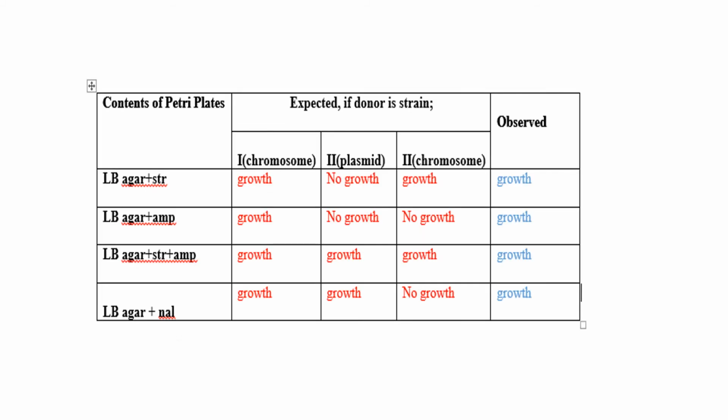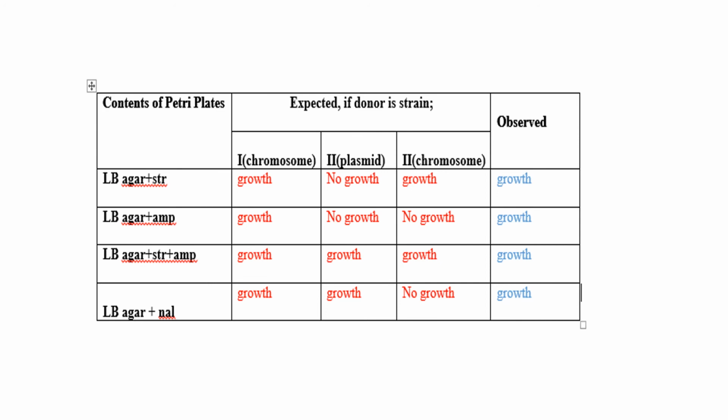To explain further, if these are your expected results in red and you have your observed results here in blue, upon evaluation, you would notice that the observed results match the expected results in the first column.